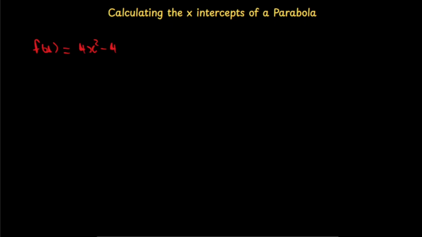Now if I gave you this equation and asked you to find the x-intercepts of this function, you would have some difficulty because I haven't given you the picture of the function as yet. You can't look at the graph itself and look at where the graph cuts the x-axis to give me those values. But mathematically, we are able to find these points.